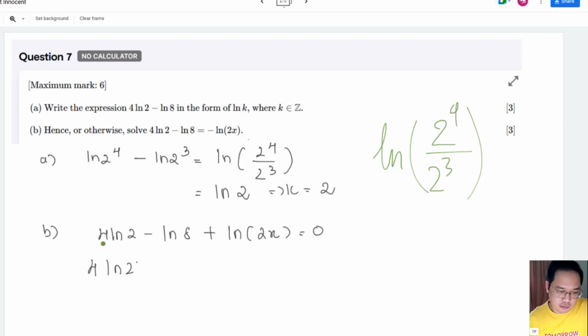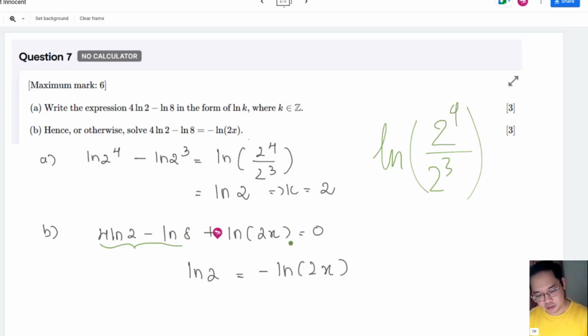the difference here for ln 2 minus ln 8, we already saw in part A, that is ln 2. That whole difference is ln 2, okay? So ln 2 equal to ln of 2x. If you write like that, we don't need to do the first step here.